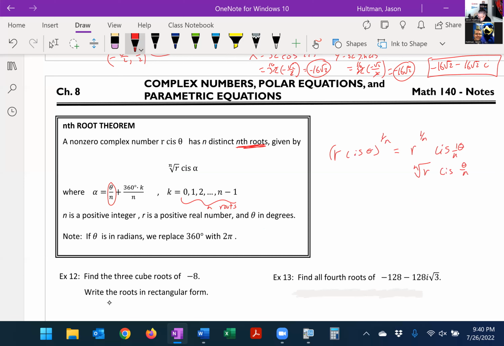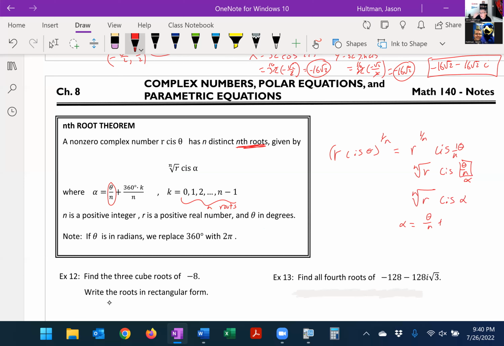But if we start with theta and divide it by n, there's more than one value that will work for that, and that's why we call this thing alpha. This is the nth root of r CIS alpha, where alpha is that theta over n, but it's going to have n angles.